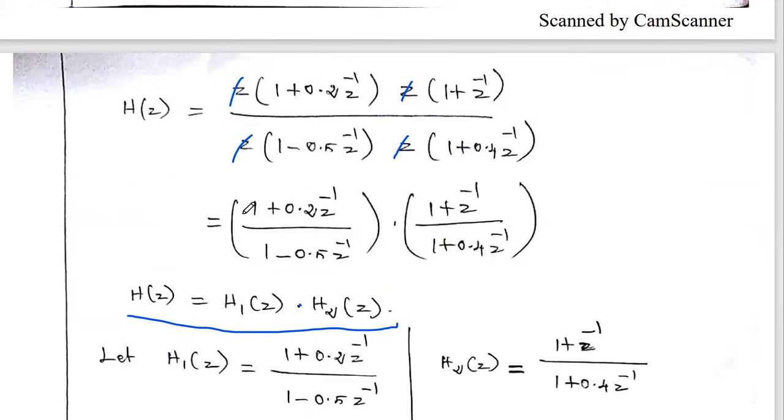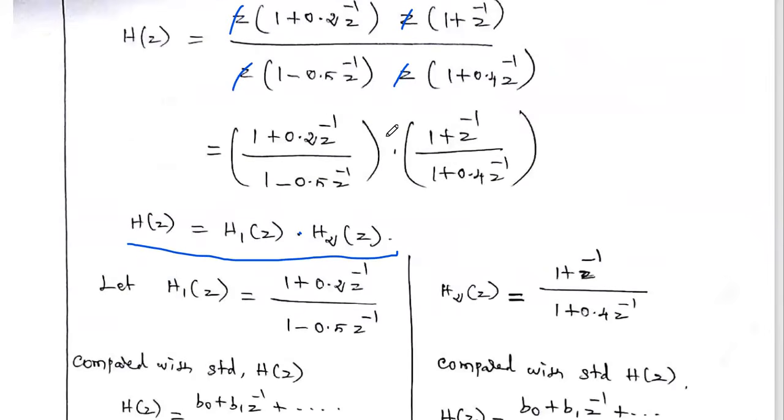Consider the first part, (1 plus 0.2 z inverse) by (1 minus 0.5 z inverse): this is H1(z), and the other part is H2(z). Both are first order systems, so the second order system H(z) is split as a multiplication of two first order systems.